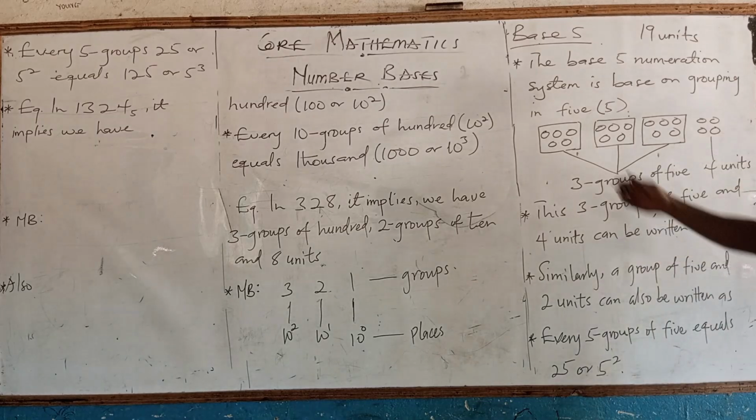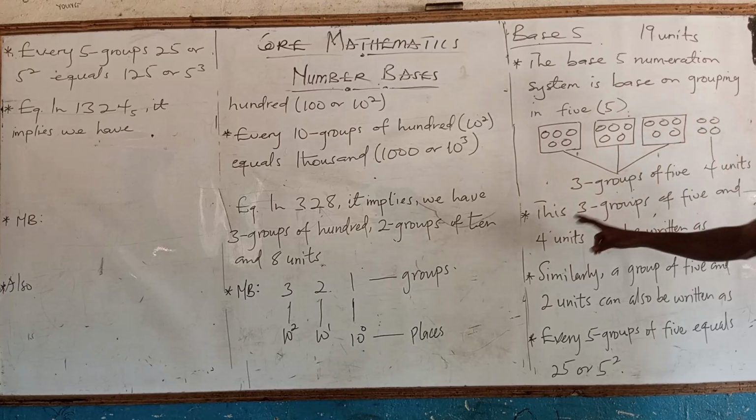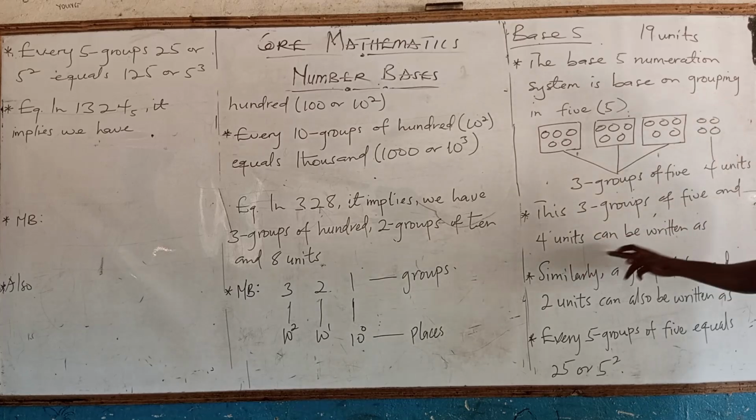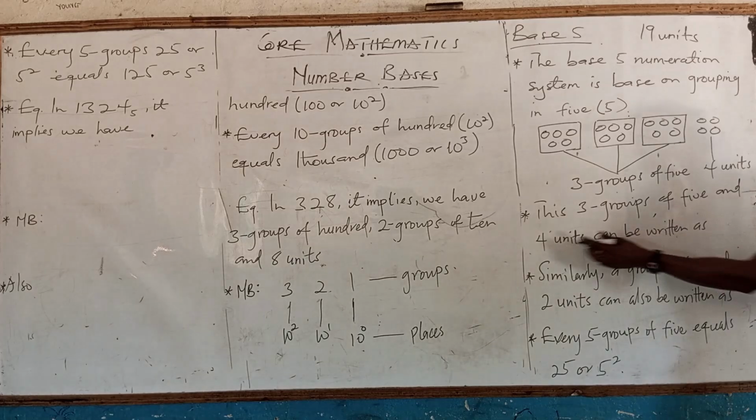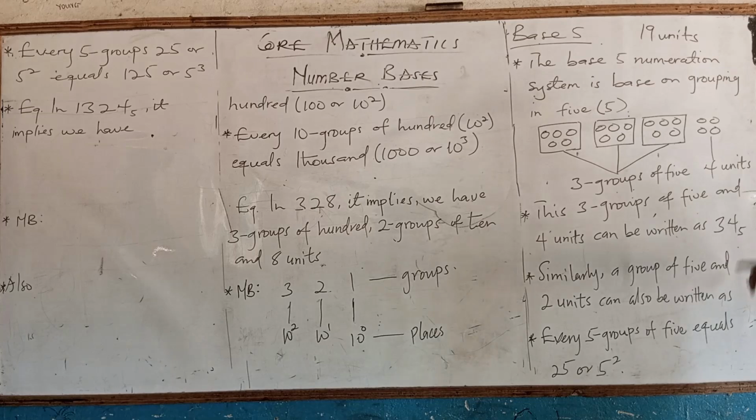These 3 groups of 5 and 4 units can be written as 3, 4 base 5. We are saying base 5 to show that this grouping is into 5. Are we getting that?